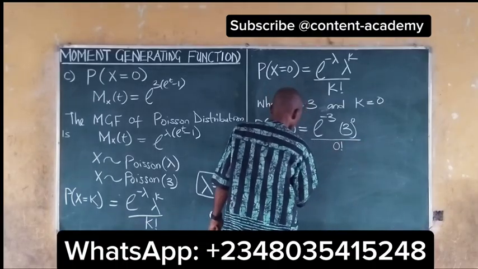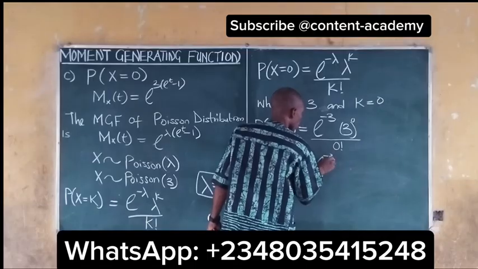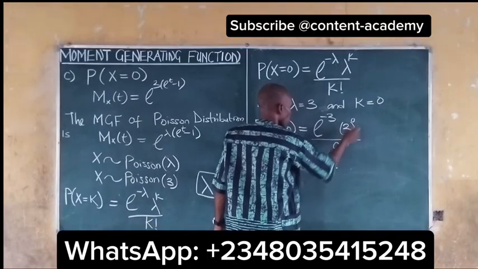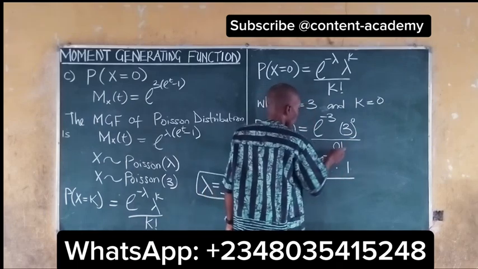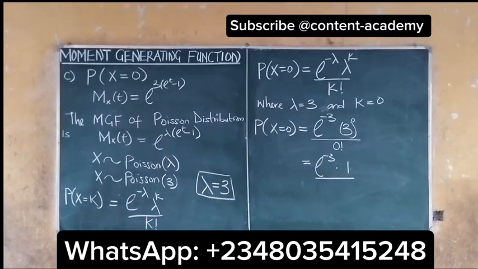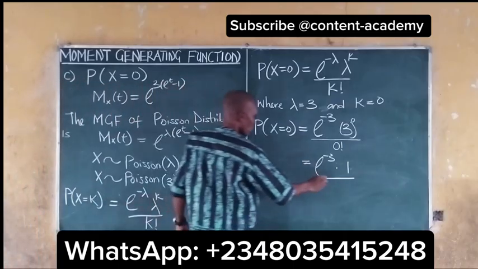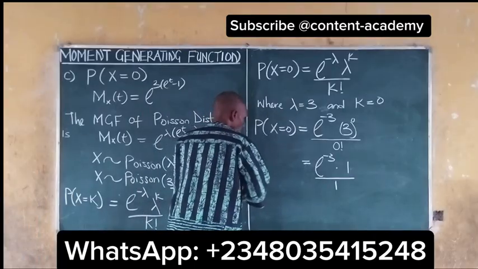So this will give us exponential negative 3 multiplied by anything raised to the power of 0, which is 1, all over the factorial of 0. What is the factorial of 0? The factorial of 0 is equal to 1.